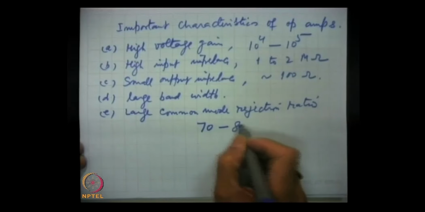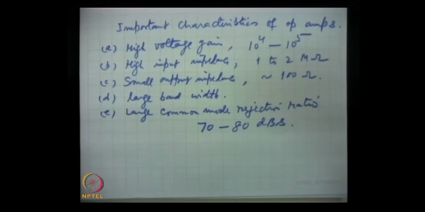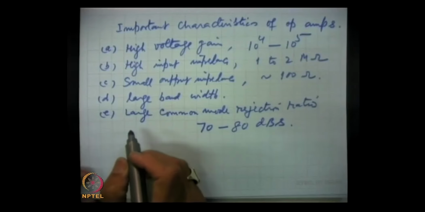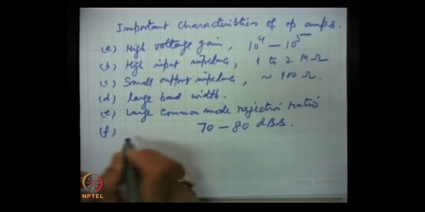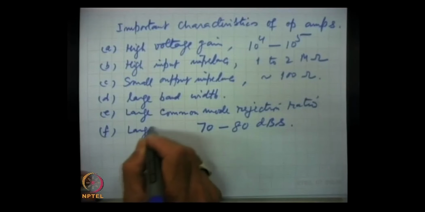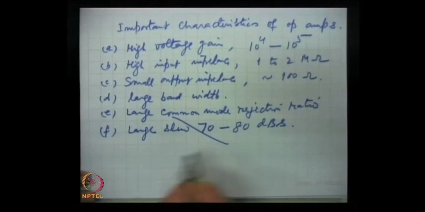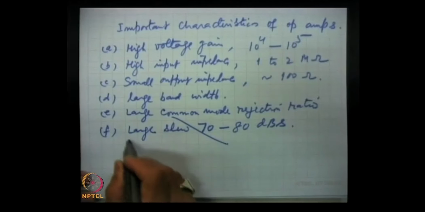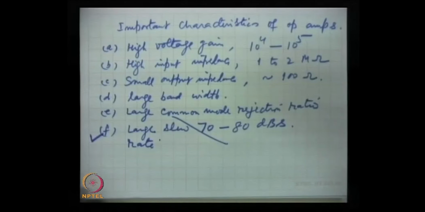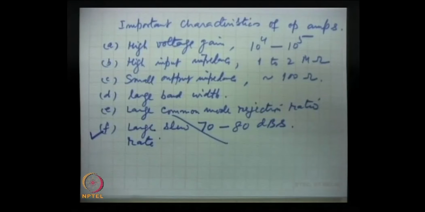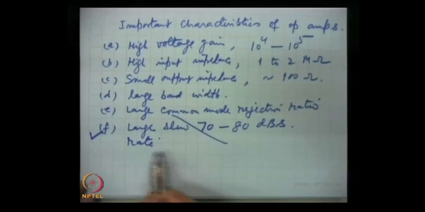So, 70 to 80 dBs for most of the op amps. And one parameter which we have not yet discussed is that it has a large slew rate. We will talk about this point later, but because we are talking about the important characteristics of op amps, I thought that I must mention it at least.